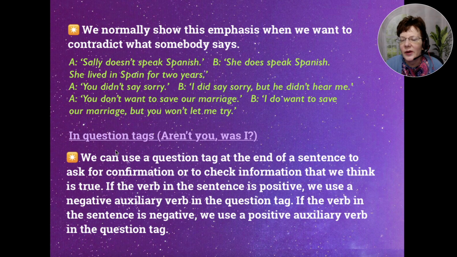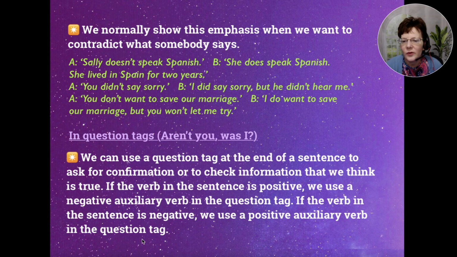Okay, and then let's talk about question tags. For example, aren't you or was I? Okay, so we can use a question tag at the end of a sentence to ask for confirmation or to check information that we think is true. If the verb in the sentence is positive, we use a negative auxiliary verb in the question tag.